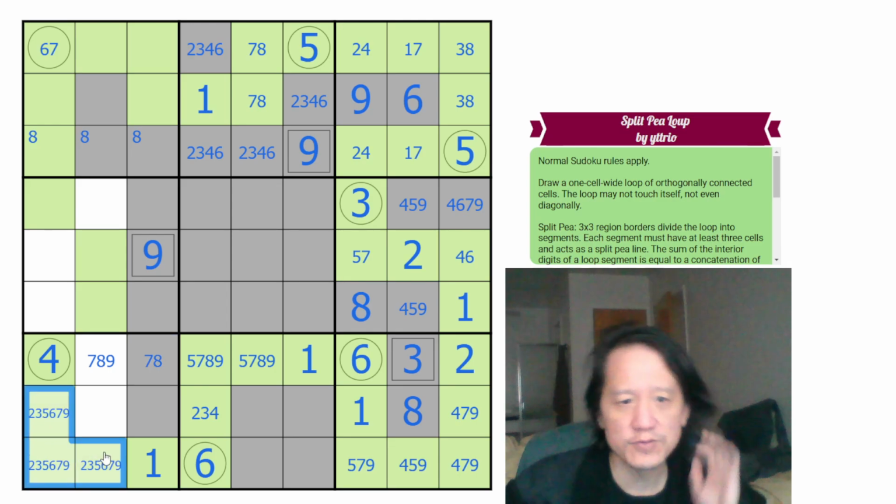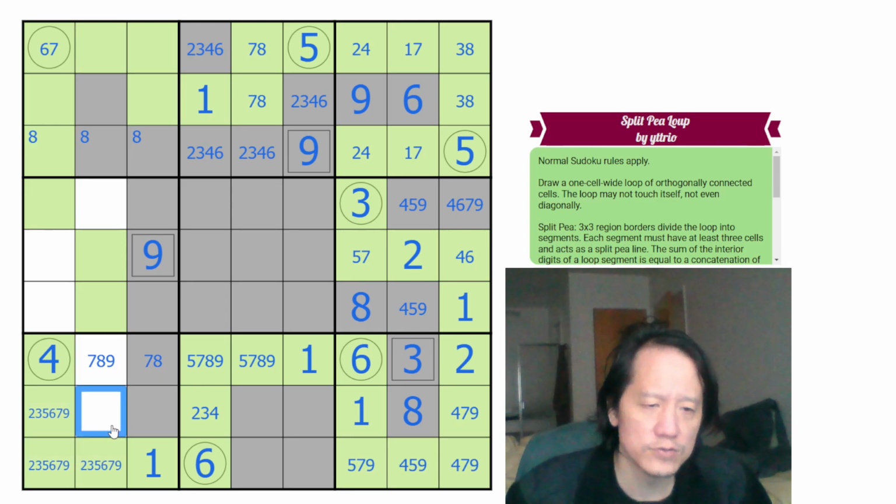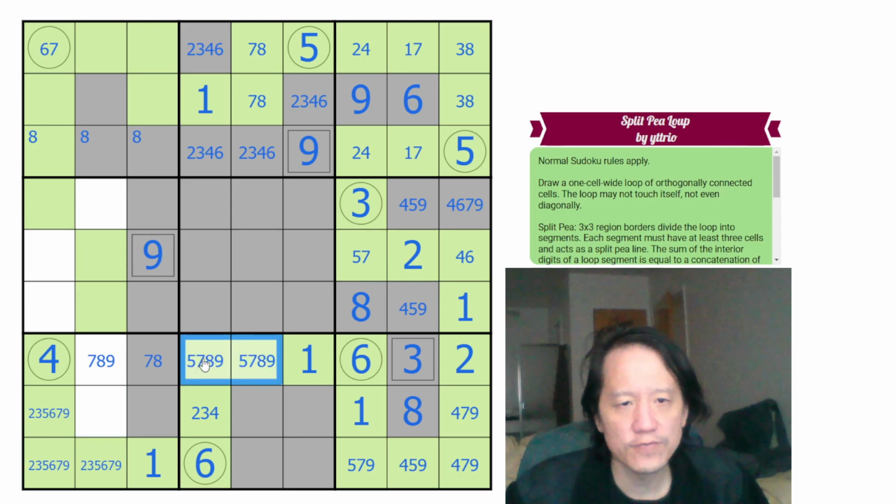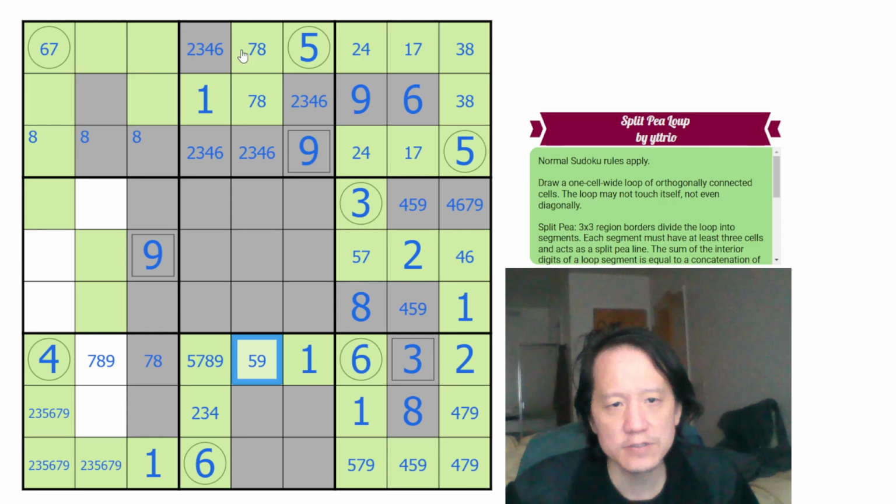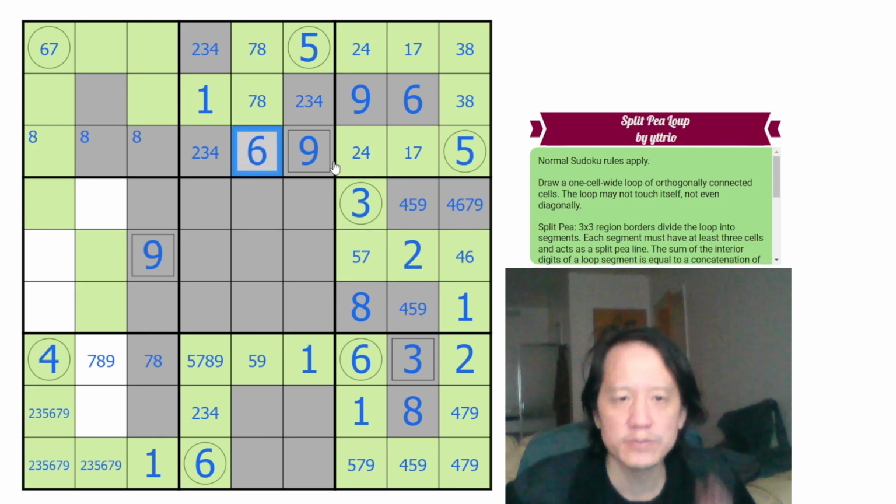This could be 3, 5, 6, so this doesn't have to be one of those two. So the 5 is always here. And this cannot be 7 or 8 because of this 7 or 8 pair in column 5. This can't be 6 anymore. This can't be 6, whereas the 6 in box 2, it has to be there.